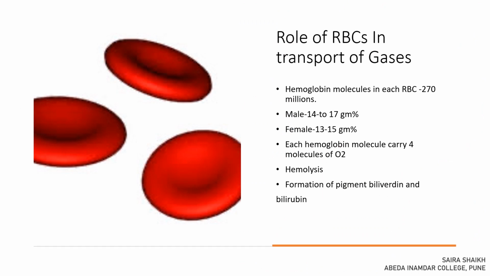RBCs play a very important role in the transport of gases. RBC has a respiratory pigment, hemoglobin. Its amount, in the case of males, is about 14 to 17 grams per 100 ml, while in females hemoglobin is about 13 to 15 grams per 100 ml of blood.